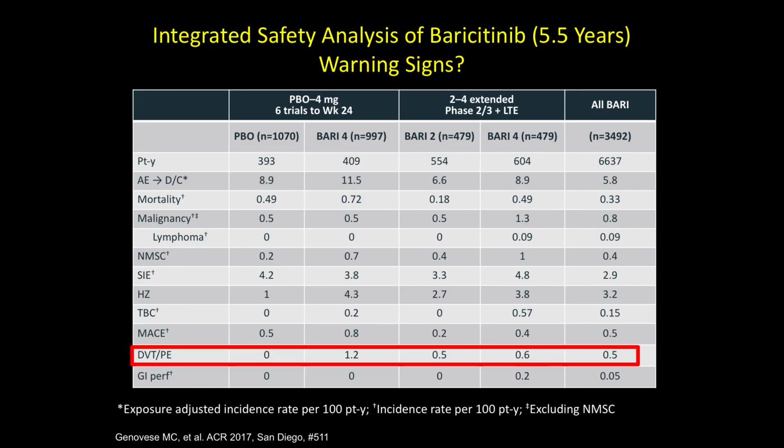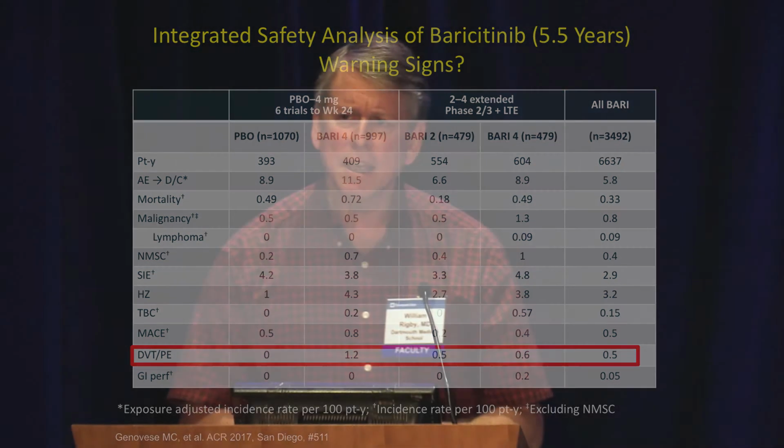So the last thing I'm going to put up there for you to think about is baricitinib, which in their last integrated safety analysis reported an increased frequency of DVT and pulmonary embolism. And again, this is an interesting idea. Is this bad luck?